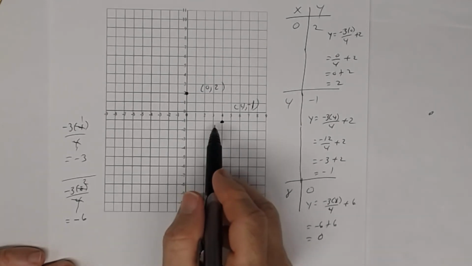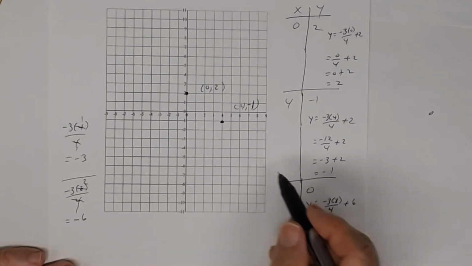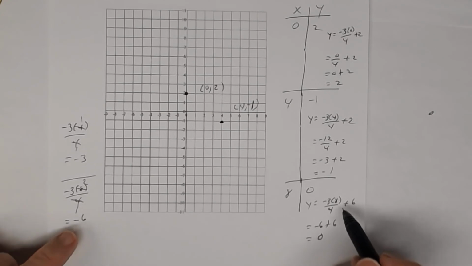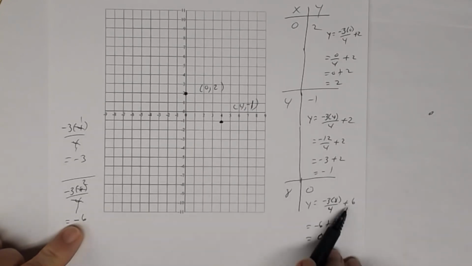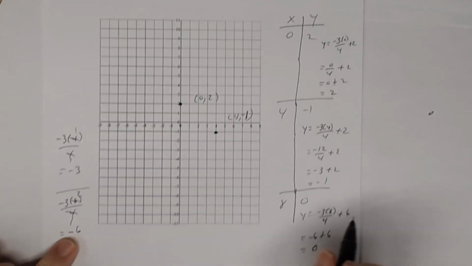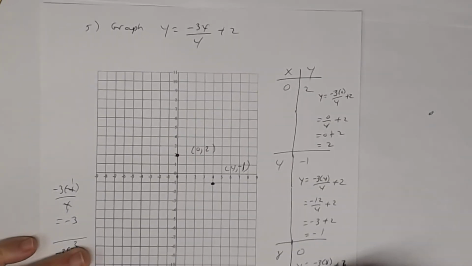Oops. Let's see. Oops, I'm sorry. So that should not be 6. I'm not sure why I put 6, but 2, right? So negative 6 plus 2. Negative 6 plus 2 is a negative 4.